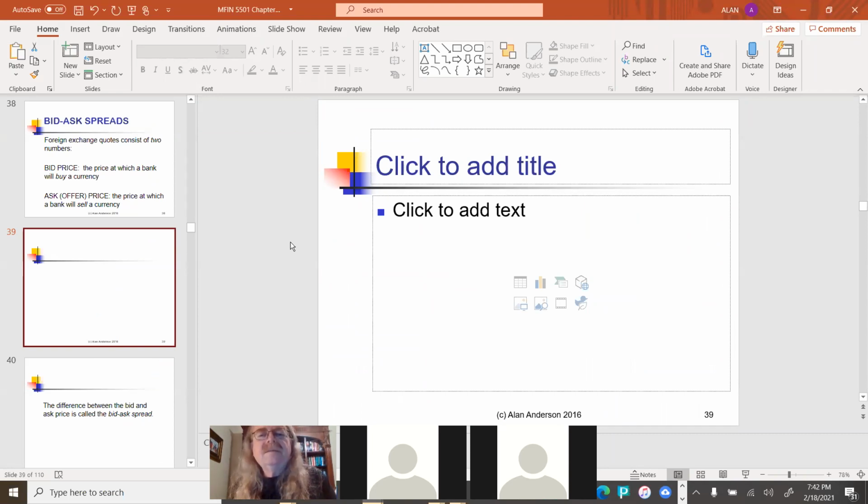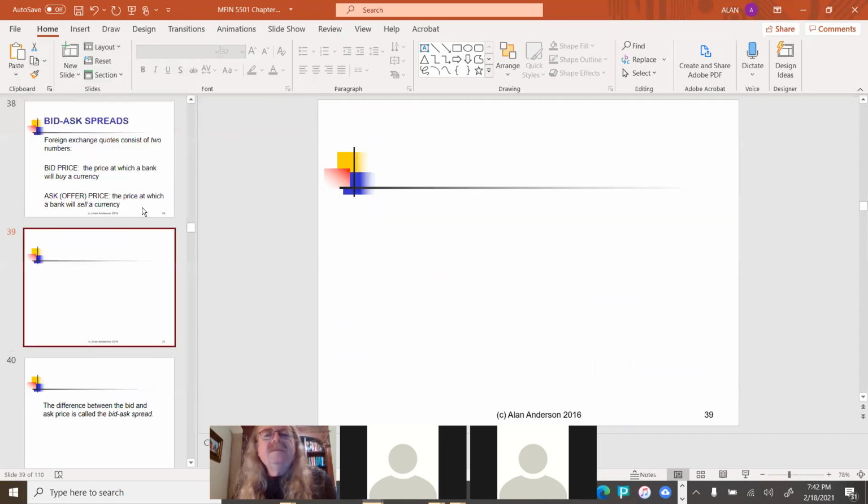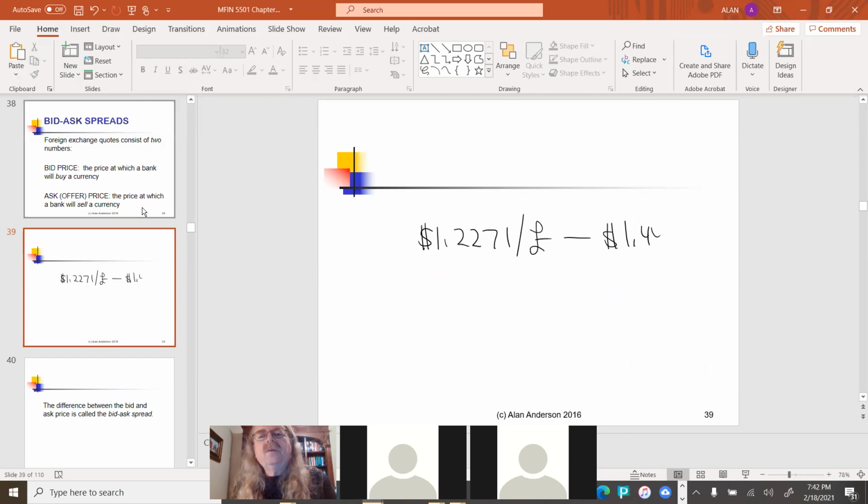I need pounds. And you look at the window and you see that there's two numbers. And it says, for example, $1.2271 per pound, $1.4418 per pound.